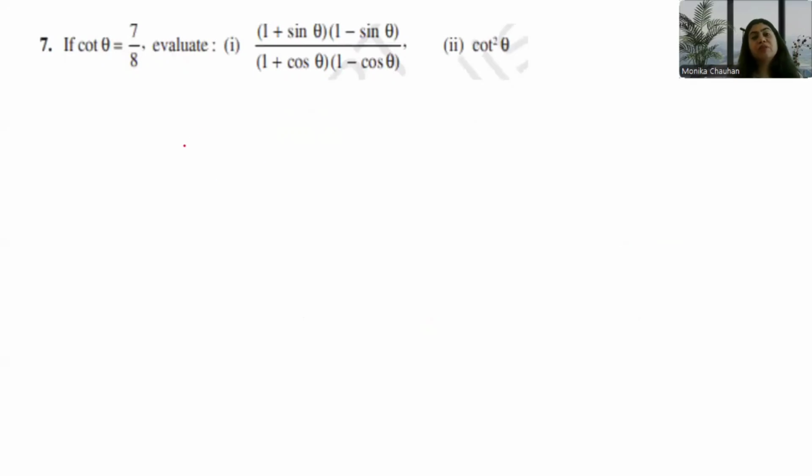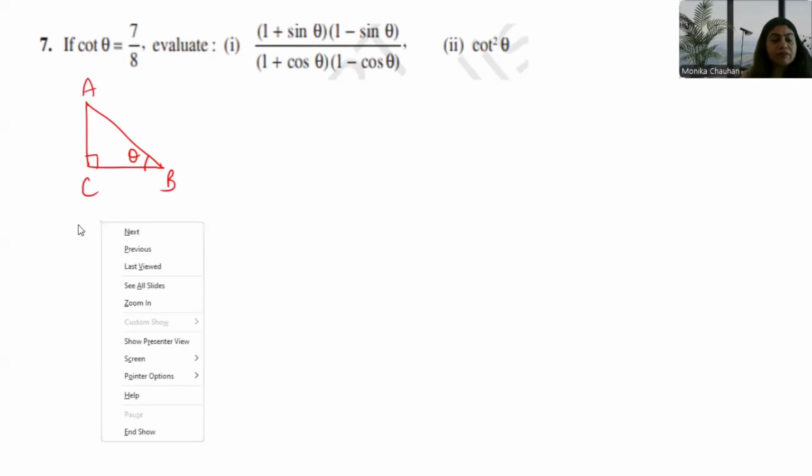Now we are moving to question number 7, and here again cot theta is given as 7 upon 8. So for this, you make this as theta, and you can name the rest whatever you want. Suppose this is A, this is B, and this is C. Now I have to start with cot theta.